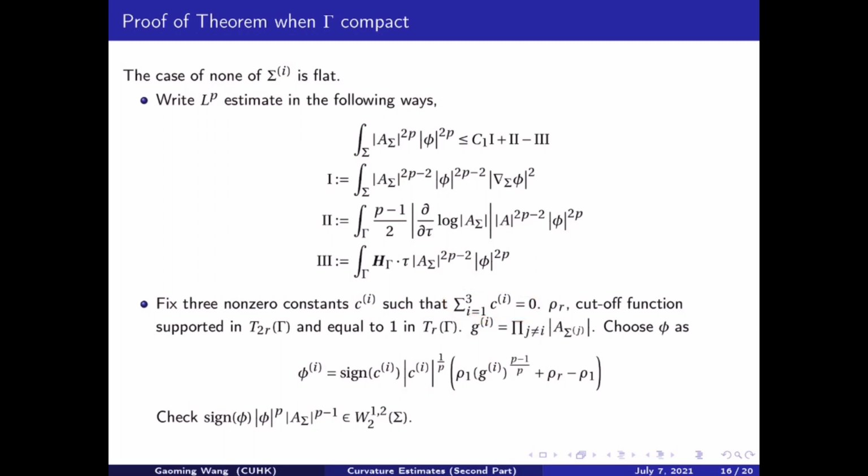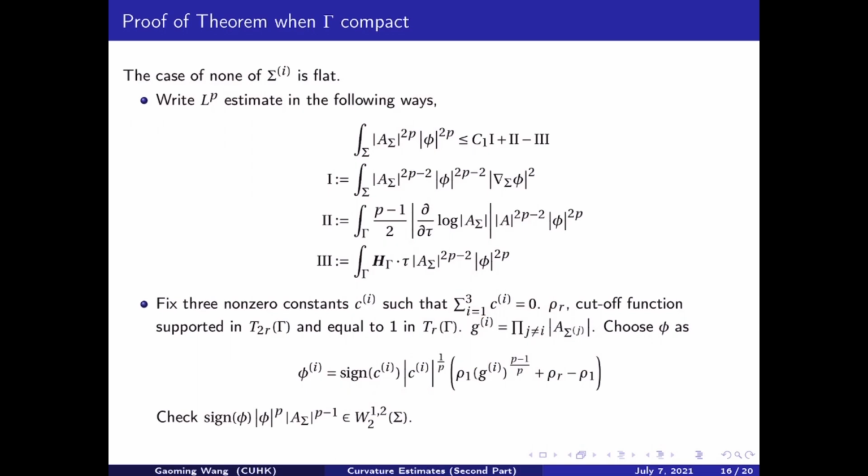Let rho_R be the standard cutoff function that is supported in T_{2R}(gamma), equal to 1 in T_R(gamma), with gradient bounded by C over R. Define several auxiliary functions G_i to be the product of all norms of A_sigma_j except A_sigma_i.